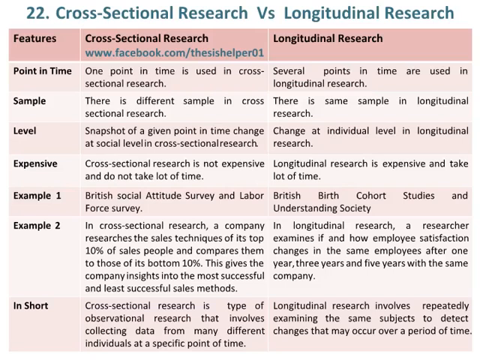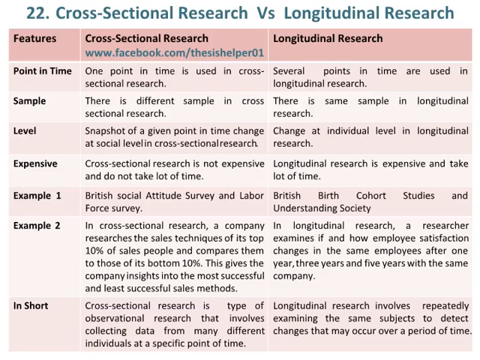In cross-sectional research, a company researches the sales techniques of its top 10% of salespeople and compares them to those of its bottom 10%. This gives the company insights into the most successful and least successful sales methods. Whereas, in longitudinal research, a researcher examines if and how employee satisfaction changes in the same employees after 1 year, 3 years and 5 years with the same company.